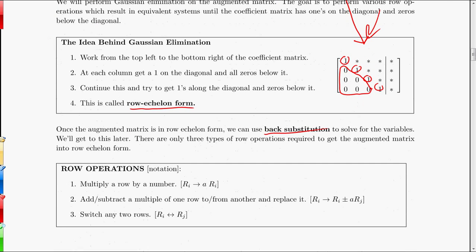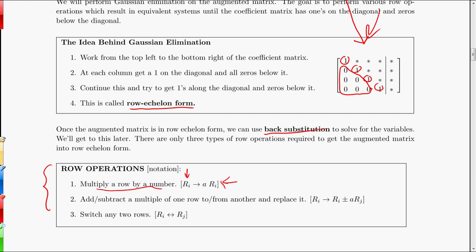So here's how we're going to do this. We're going to do this with row operations, right? So there's only 3 we have to worry about. You can take any row and multiply it by a number, right? And we're going to denote that with this format here.